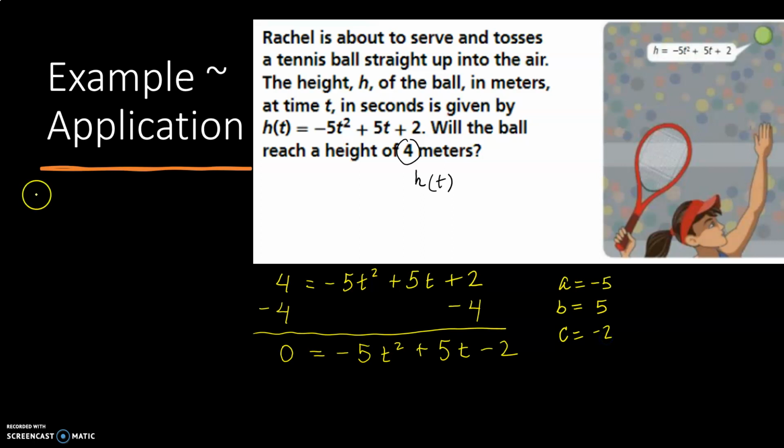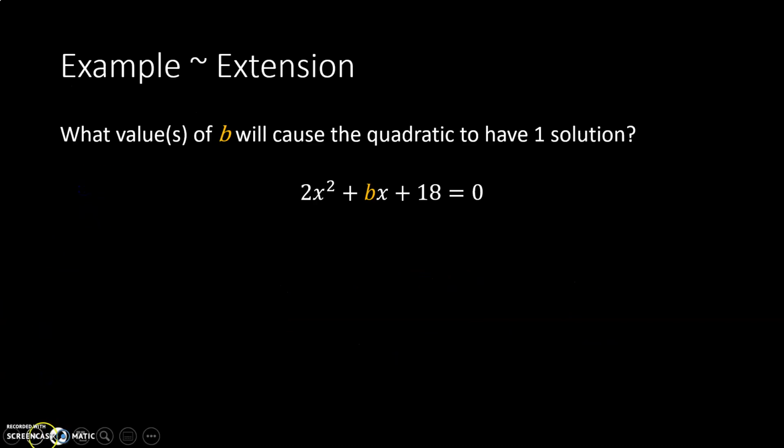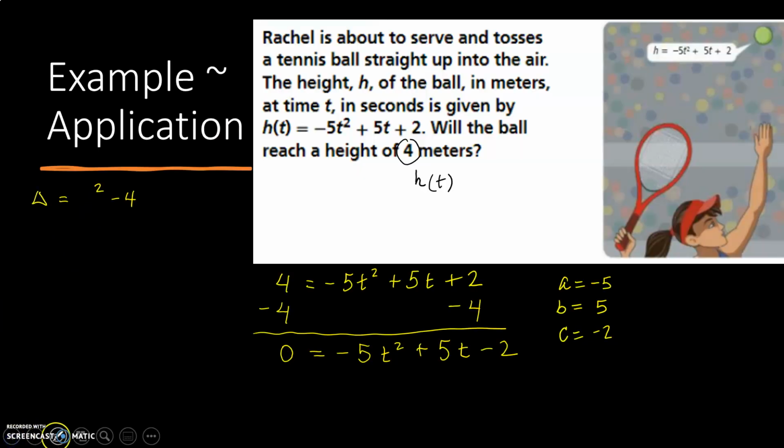I'm going to do the discriminant over here on the left because I don't have room. So the discriminant is going to be b squared minus 4ac, sorry. I'm going to fill in my numbers. I get 25.